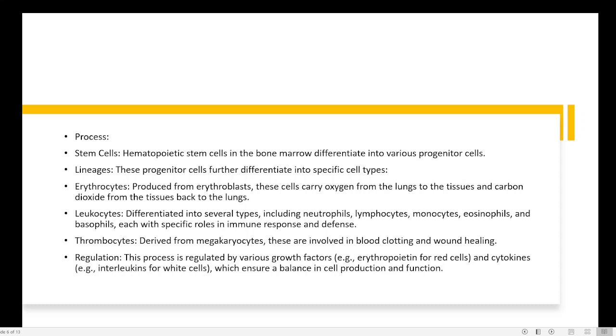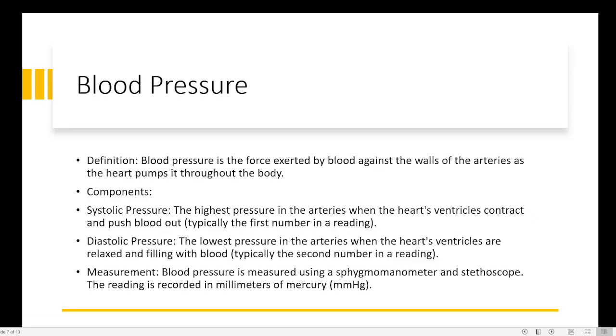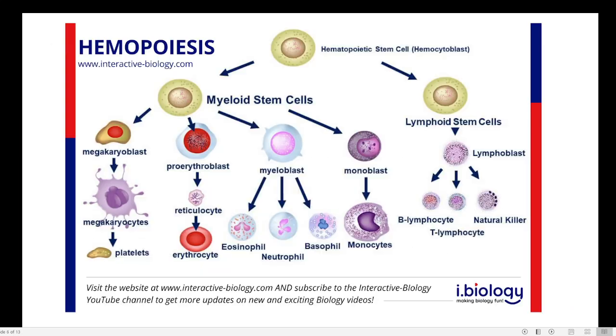The process is regulated by various factors like erythropoietin, cytokines, and they are ensuring the balance in how much RBC or how much WBC should be produced. So this is an idea regarding how stem cells are converting into various types of cells.